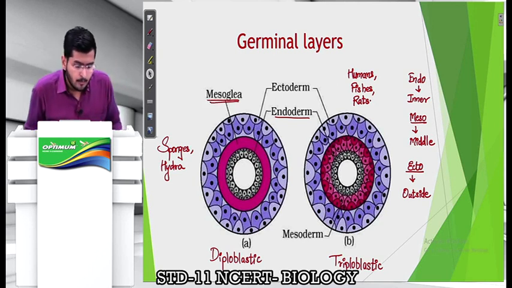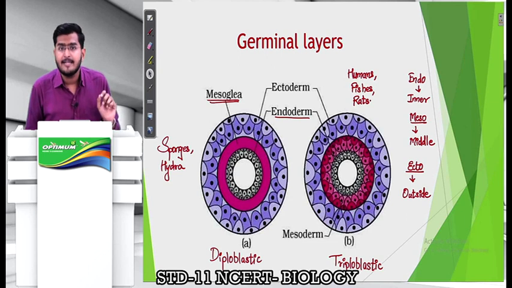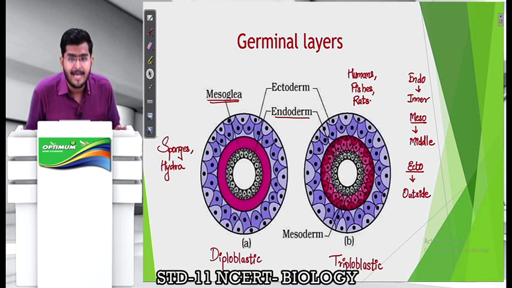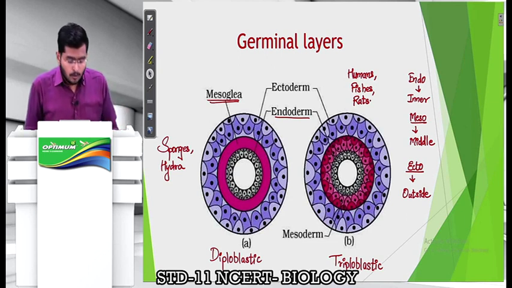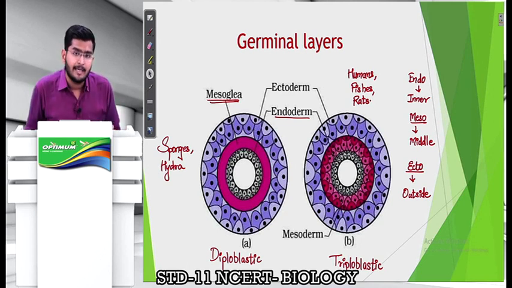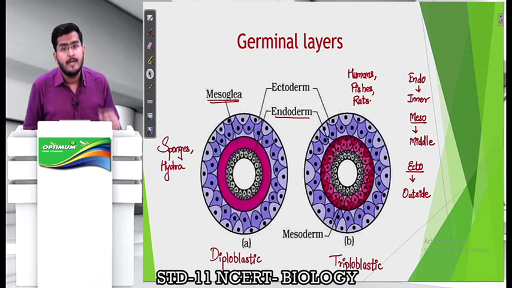What do we call it? We call it mesogloea. It's a non-living substance which is present there instead of mesoderm. So in all lower organisms we have only two germinal layers, and we call such organisms diploblastic organisms. And in all higher organisms we have three germinal layers. We have the outermost, which is ectoderm, we have the middle.